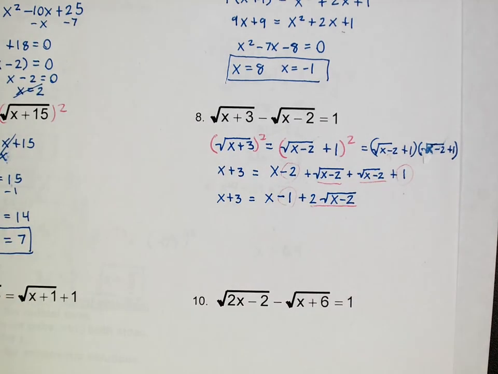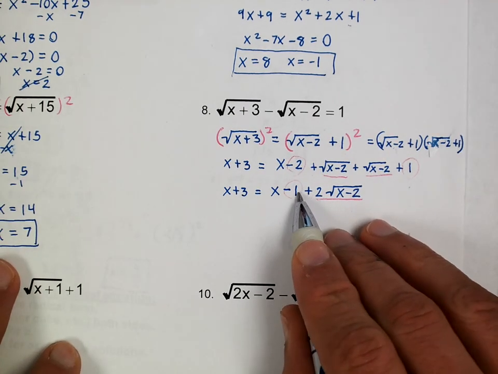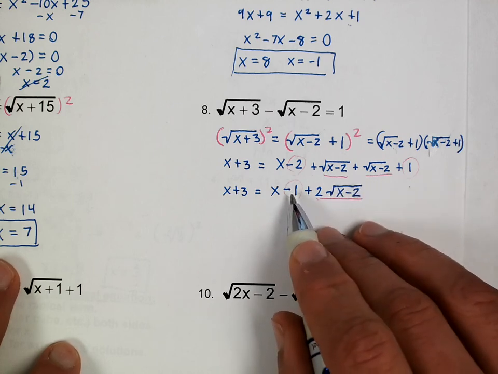Alright. So now you're probably thinking, what do I do with this? Well, now we're back to what we were doing before. We're going to have to isolate the radical. Alright, so we're going to try to get the radical by itself. So, remember, do not add this negative 1 and 2. This 2 is attached to this, alright? Remember that. So we're going to go ahead and try to get this by itself.